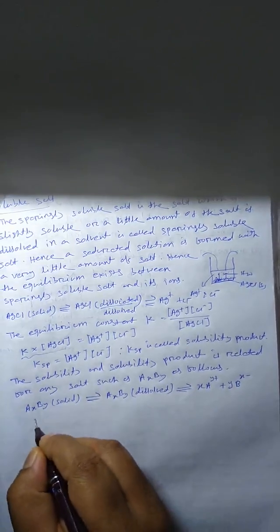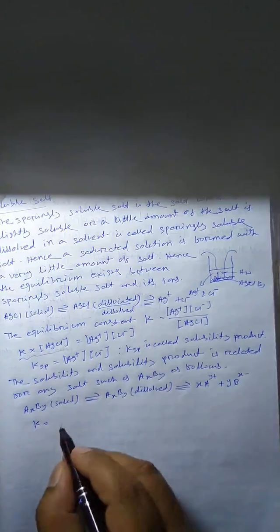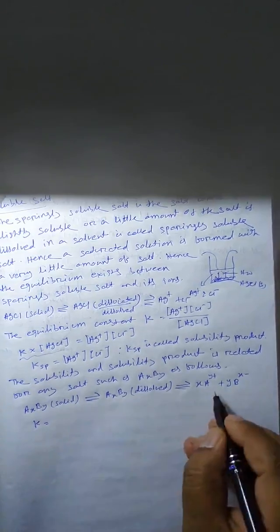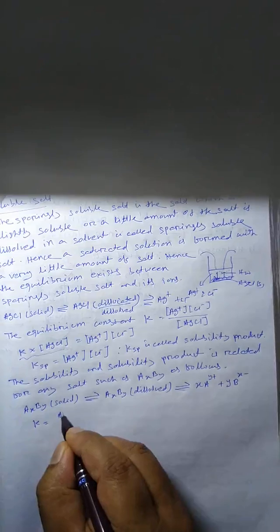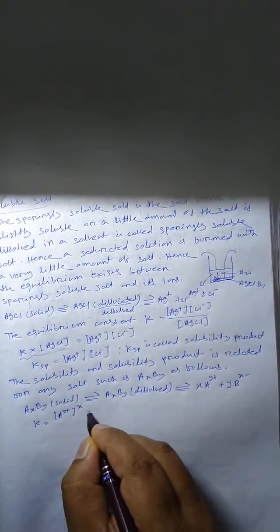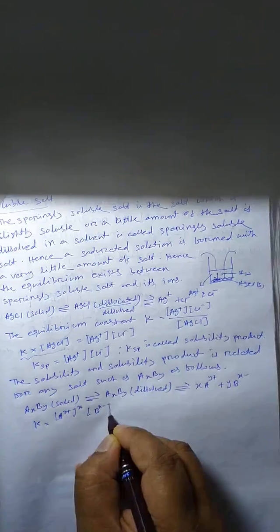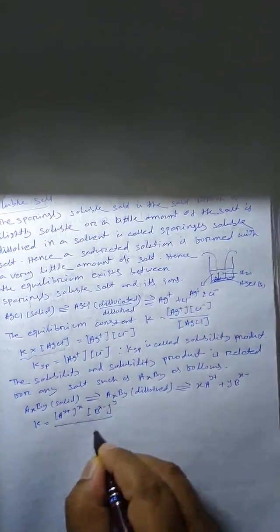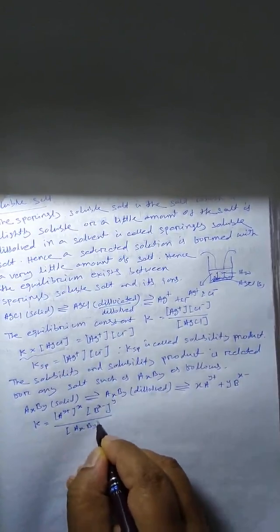The equilibrium constant is the concentration of the product divided by the concentration of the reactant. The concentration of the product is A Y plus to the power X into B X minus to the power Y, divided by the concentration of AX BY.